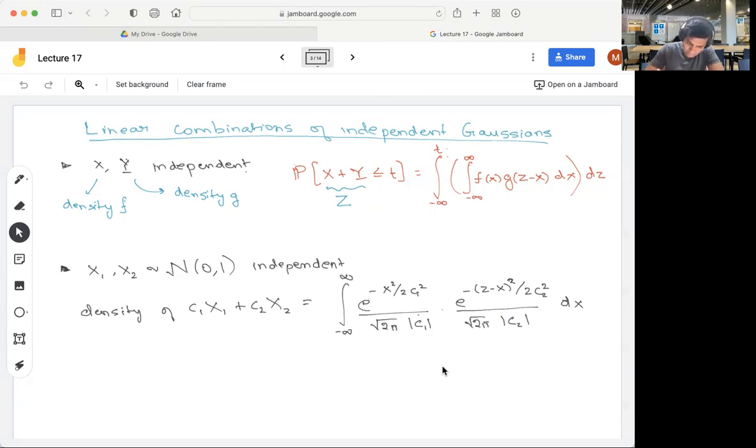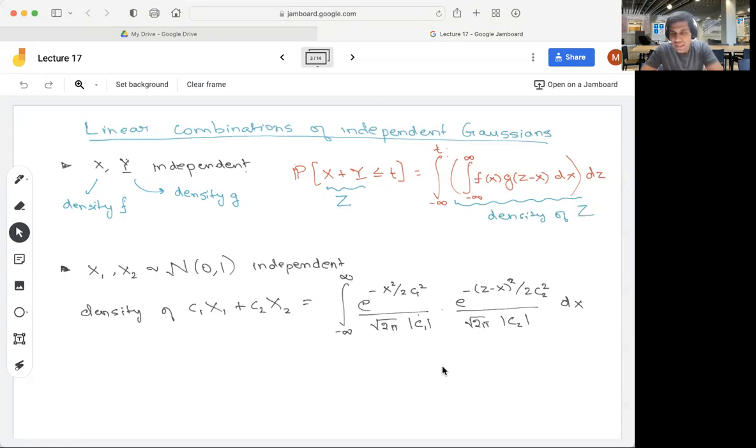And so this is the probability that the random variable z, which happens to be equal to x plus y, is less than or equal to t. And so whatever appears inside this integral is the density of this random variable z.